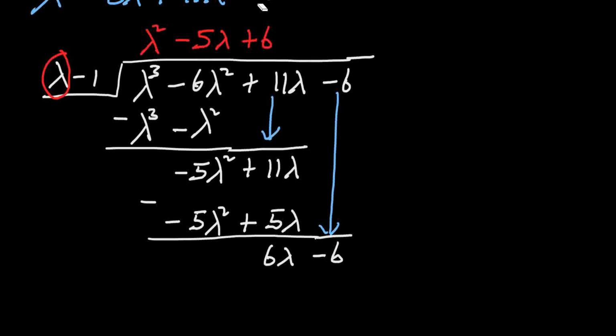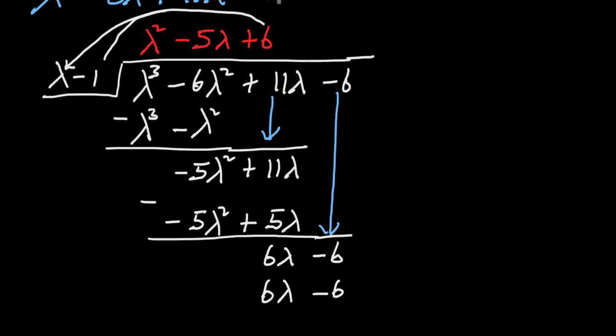And after that, use the same value, positive 6 times lambda would give us 6 lambda, and positive 6 times negative 1 would give us negative 6. So I'll get rid of this.